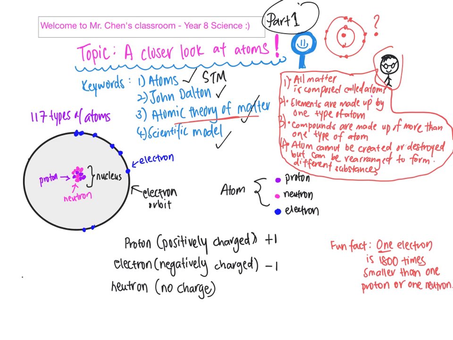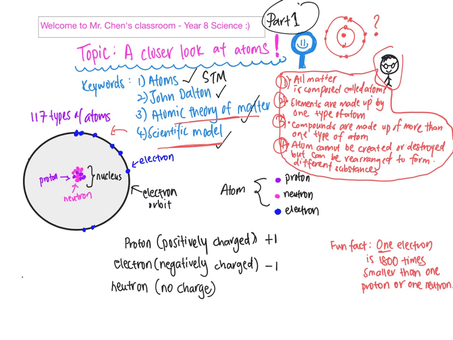Okay, so atomic theory of matter. What happened here is he was able to use these four points, 1, 2, 3, and 4, to create a scientific model of how atoms look, which is over here.